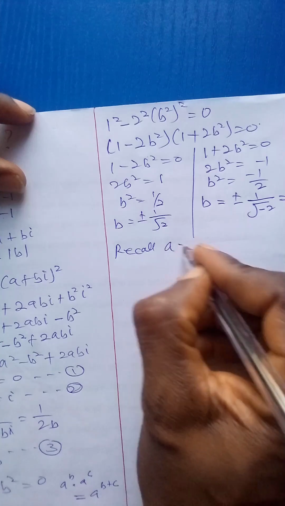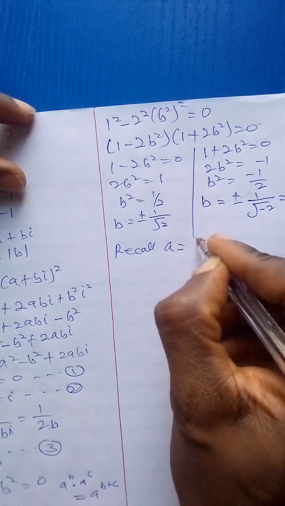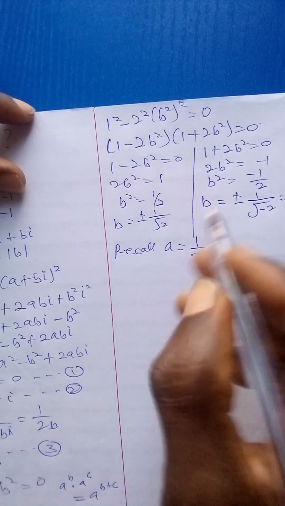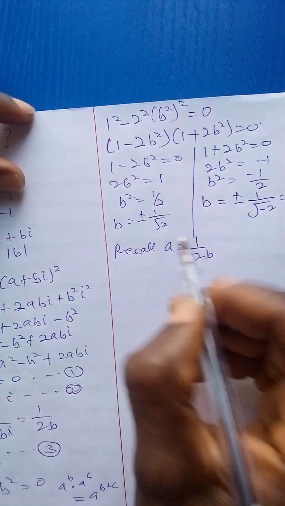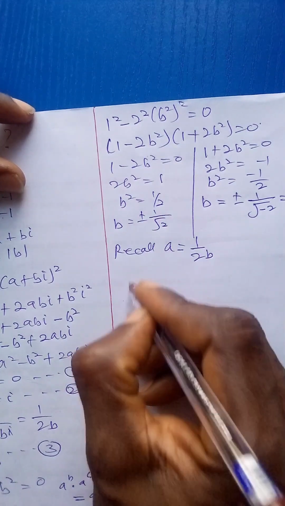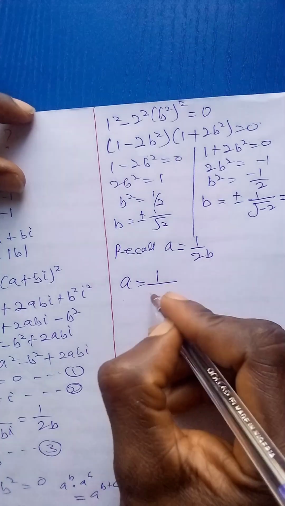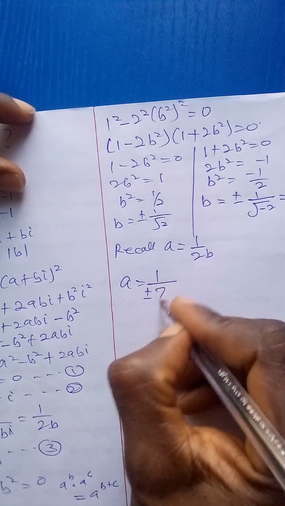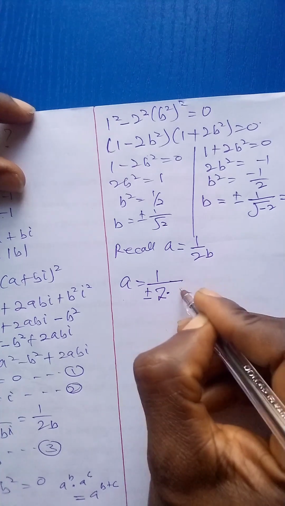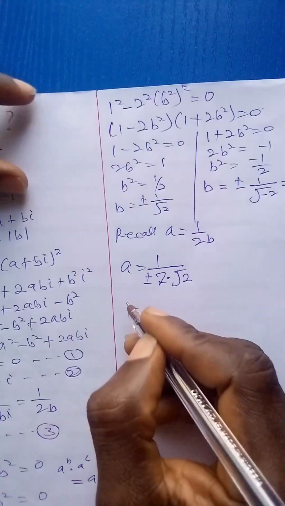Now let's recall that a is equal to 1 over 2b. So let us find the value of a given that b is plus or minus 1 over root 2. So a equals 1 over plus or minus 2 times the square root of 2. Good.